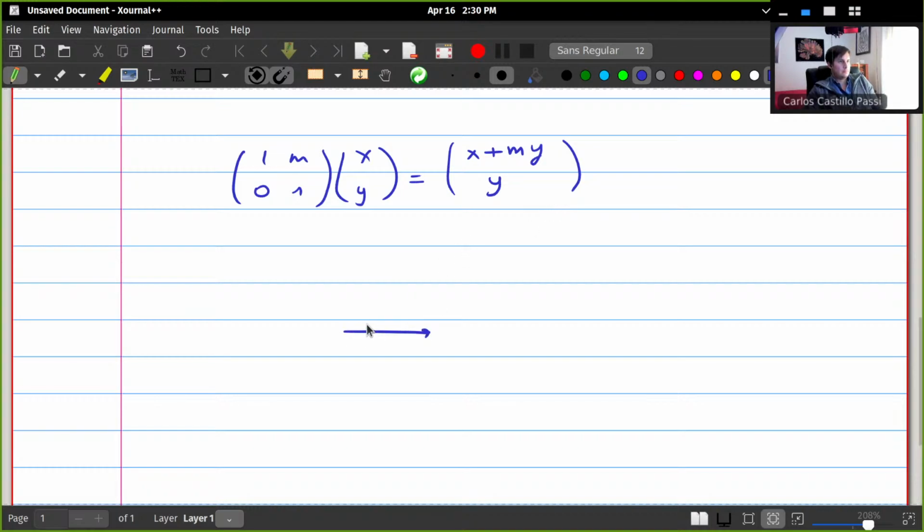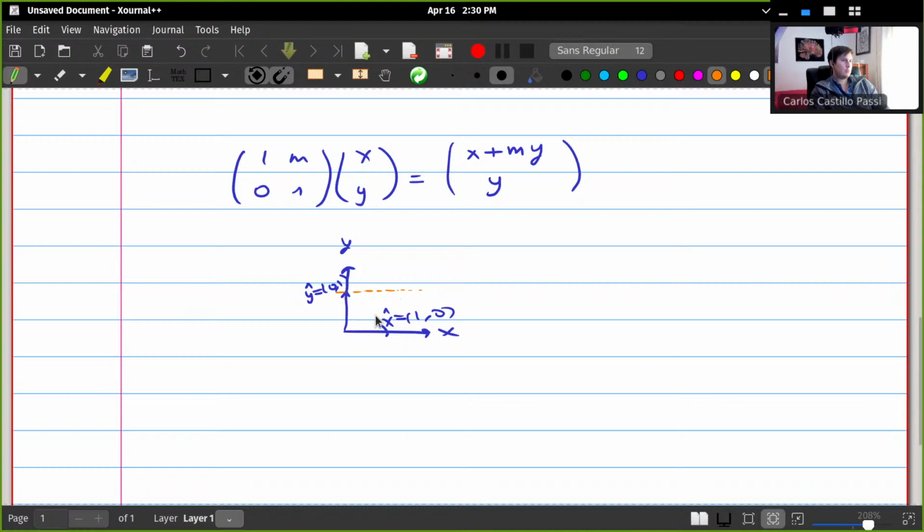And if we do a little drawing here, if I have a vector x hat that's equal to 1, 0, the result of that would be the same position. But if instead I have y hat, 0, 1, I will get the resulting vector m, y, y.